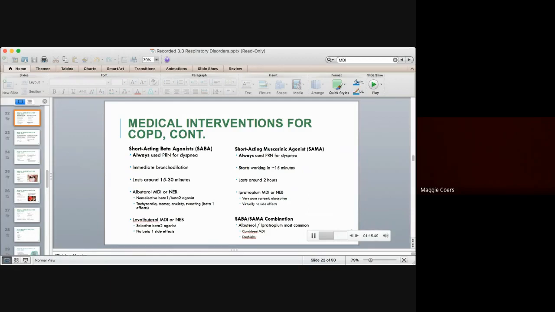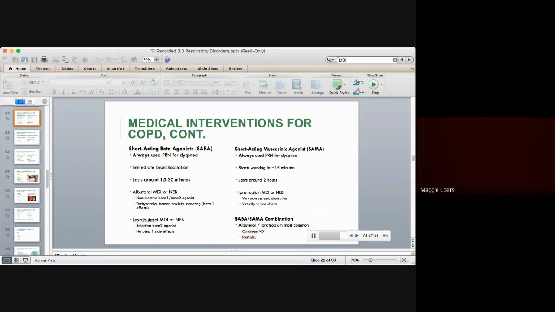One thing that's really important about these SABAs is that they are sympathetic nervous system agonists. These are going to kick in your beta 1 and beta 2 response. Albuterol is going to cause your beta 1 side effects, like the cardiac symptoms listed on the slide: tachycardia, tremor, anxiety, sweating.